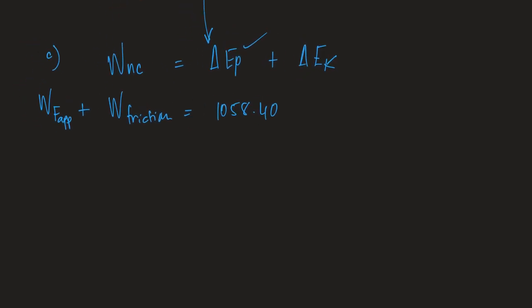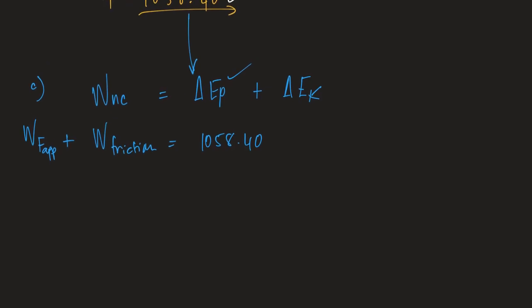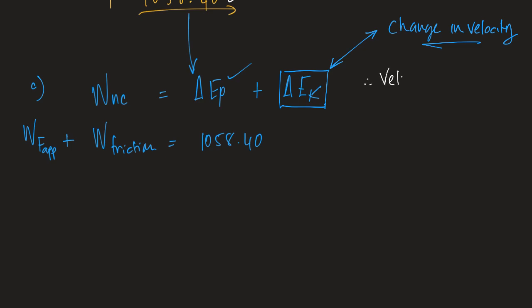Now my EK. The first thing I must understand about EK is that in order to have EK, there must be a change in velocity. That's the only way I'm going to get kinetic energy. But in this question, the first thing I have is that velocity is constant, which means essentially there are no changes in velocity.